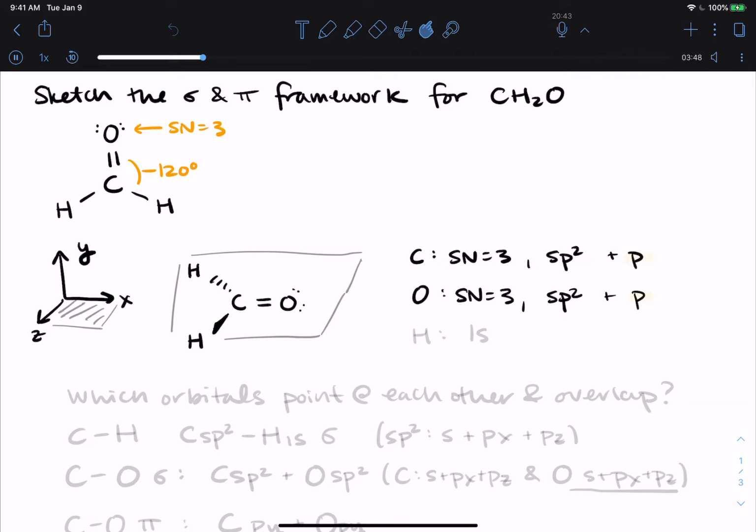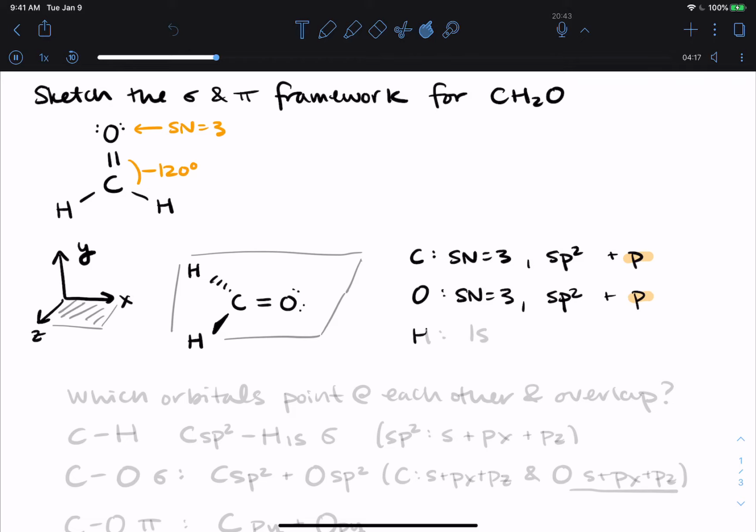And just a little bit of foreshadowing here, I've got a double bond between carbon and oxygen. So I need something that's going to give me sideways overlap for the pi bond, because in a double bond I have a sigma and a pi, and each one of these has a p orbital left over. So this is good. I think I'm going to be set up nicely for this.